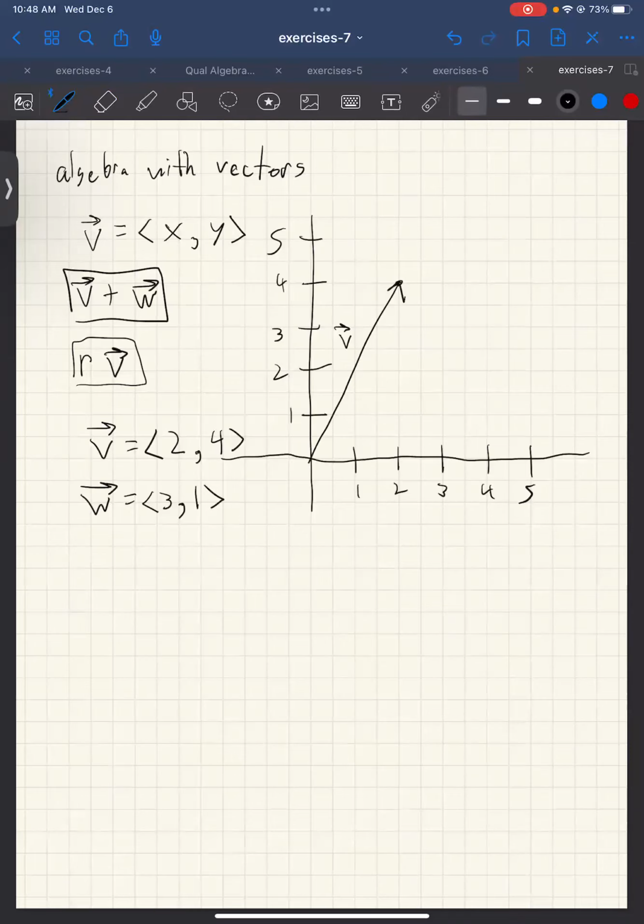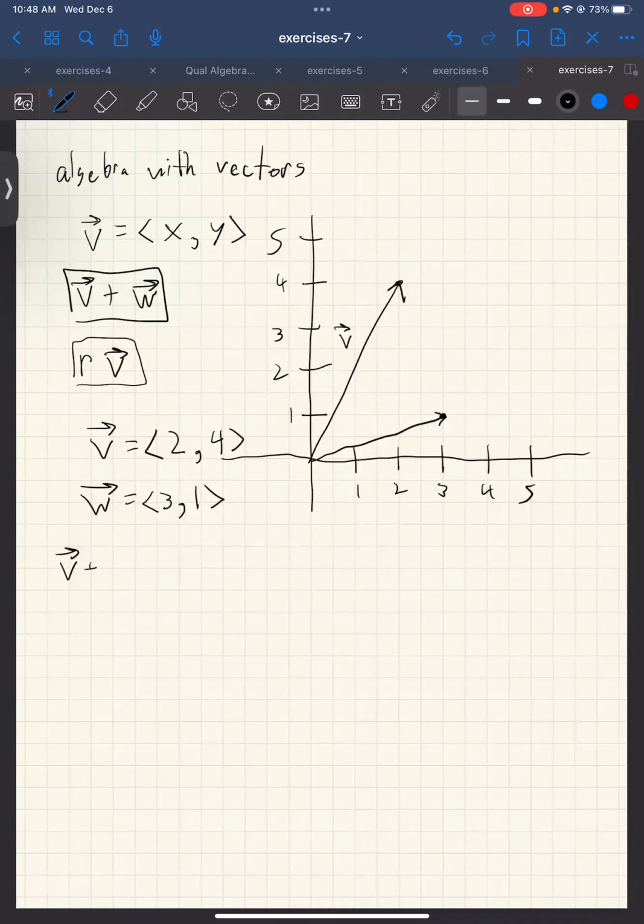And our vector w goes to the right 3 and up 1. So it ends just right there. Great.